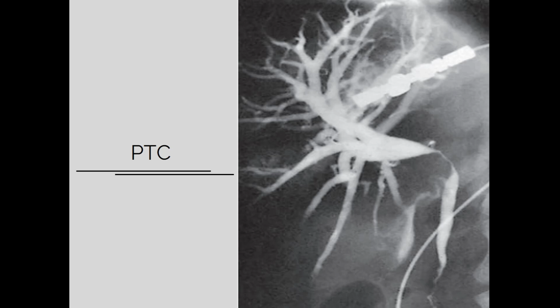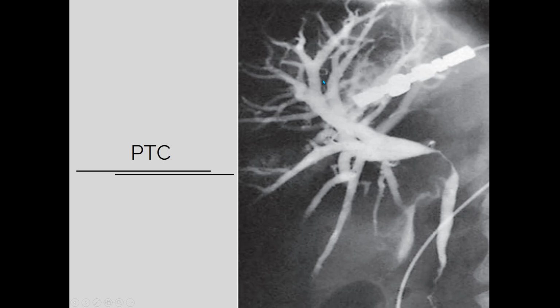This is PTC. Here, how can you say that this is PTC? Because there is no endoscope present and there is presence of this needle. This will always be there. So with the help of this, you can say that this is PTC. And in PTC you can notice that we can see the intrahepatic ducts, and you can see these all are dilated.